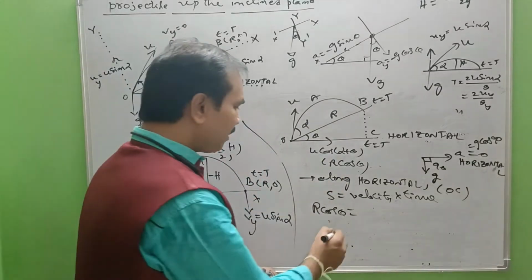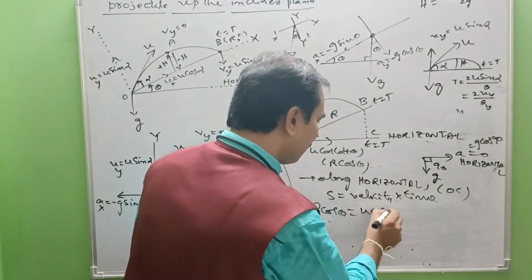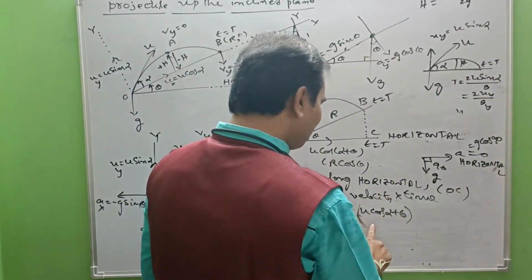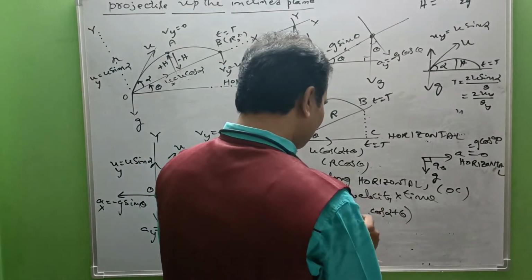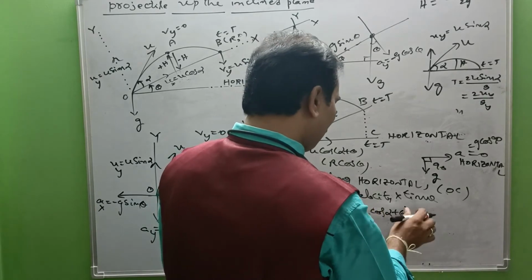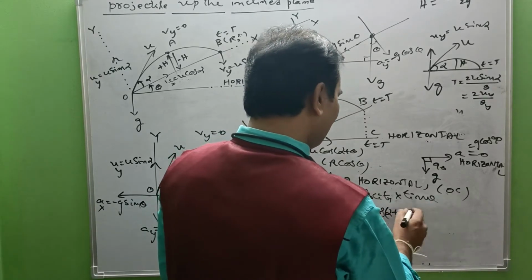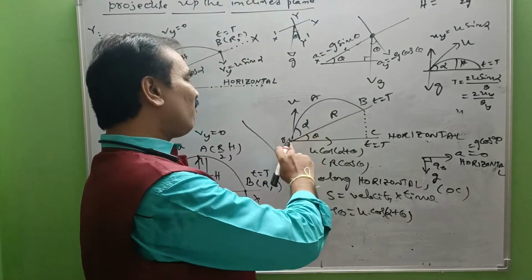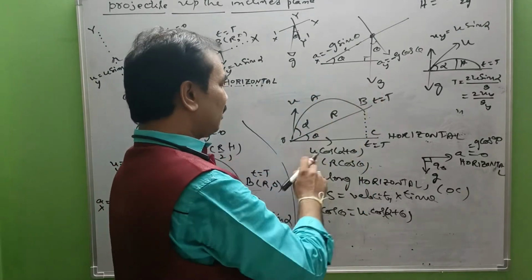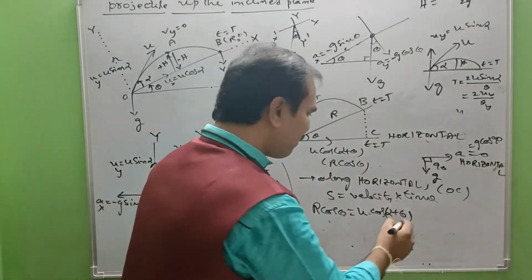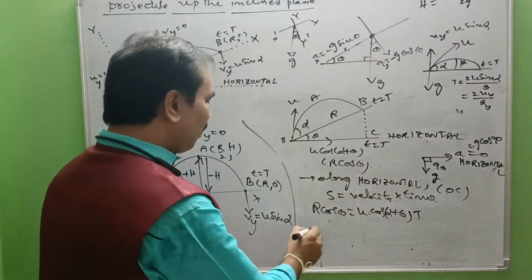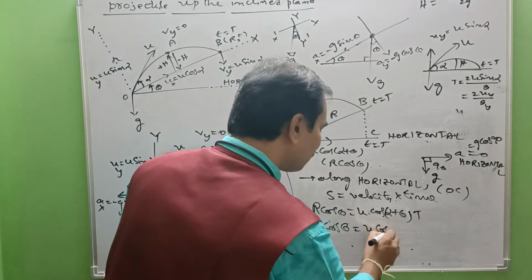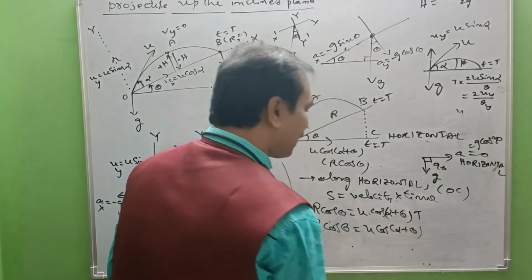U cos(alpha plus theta), into time. What is the time from O to C? What is the time from O to A to B? That is T. So for OC also the same time, that is time of flight. That is R cos theta equals U cos(alpha plus theta) into time of flight.